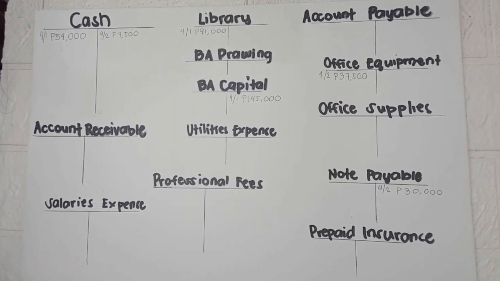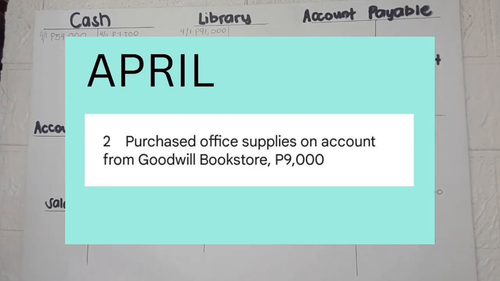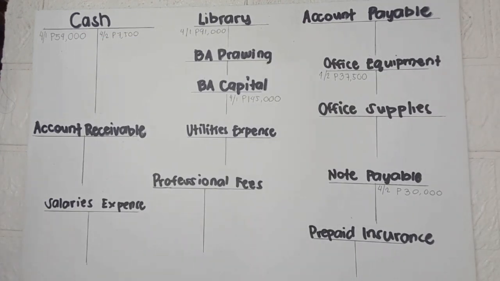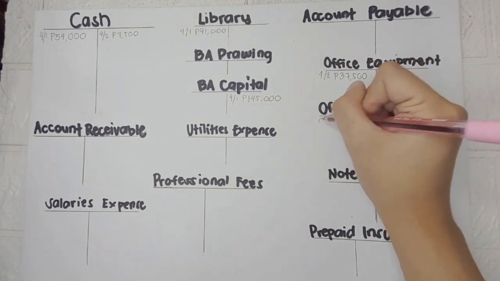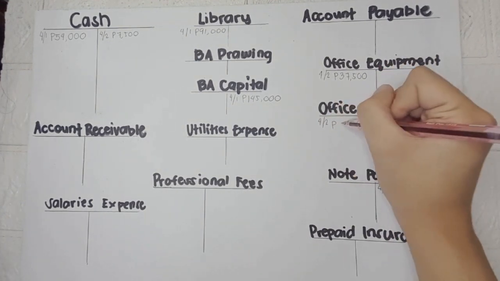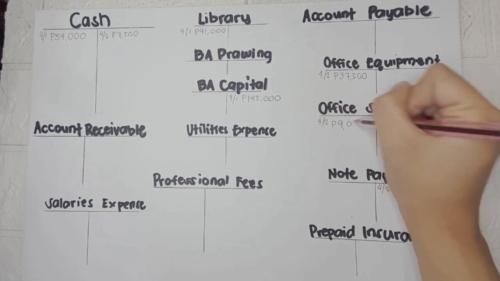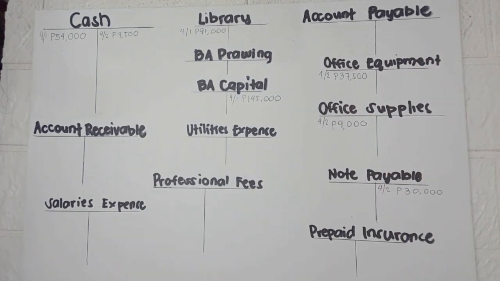So, for the next transaction, also April 2, purchased office supplies on account from Goodwill Bookstore. So, the Goodwill Bookstore will cost 9,000. The 9,000 will be on the debit side of office supplies. And the next account title is accounts payable.